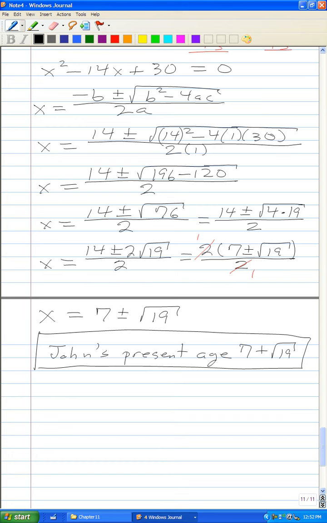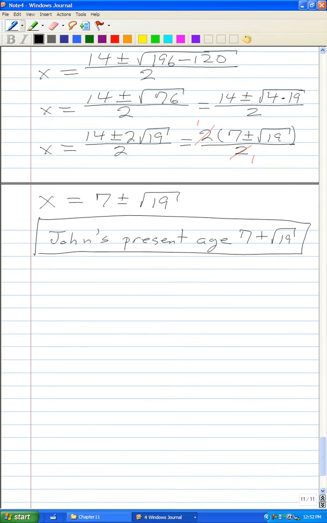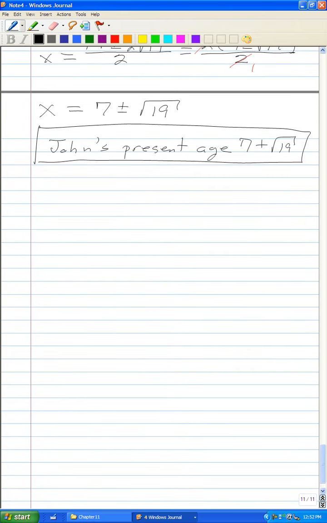Okay, so let me do problem number 78. From each corner of a square piece of aluminum sheet, a square piece of size 16 centimeters is cut out.